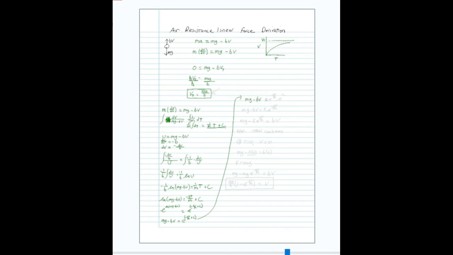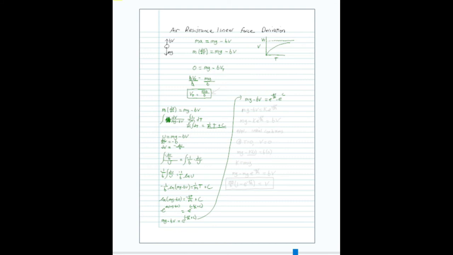The right side I'm going to separate. E to the negative bt over m plus c is the same as e to the negative bt over m times e to the c because of log rules. Now here we go again with the constant craziness. E to the c is a constant because c is a constant.